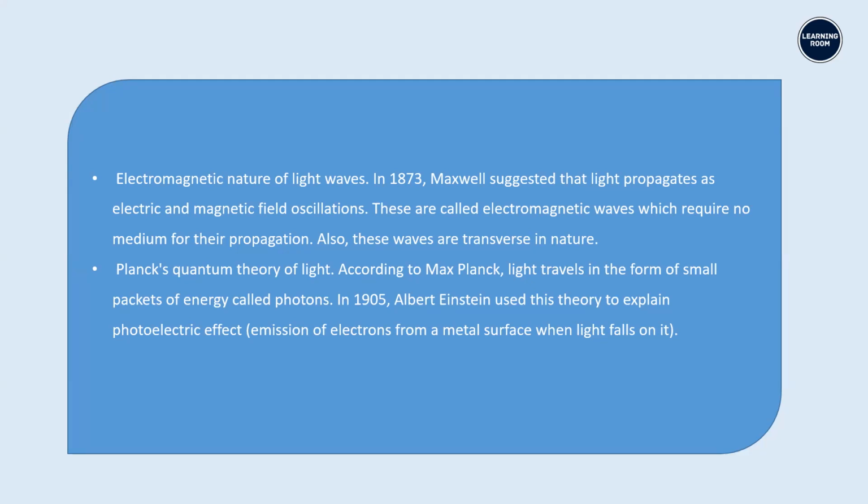He suggested that light travels as electric and magnetic field oscillations, where the electric and magnetic fields are mutually perpendicular to each other, and at the same time perpendicular to the direction of propagation. That is where the concept of transverse wave comes in. These waves were called electromagnetic waves, which require no medium for propagation. We know today that it is a non-mechanical wave, and these waves are transverse in nature.